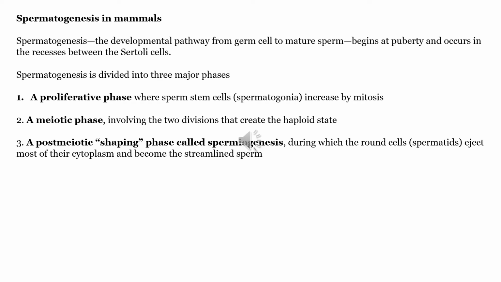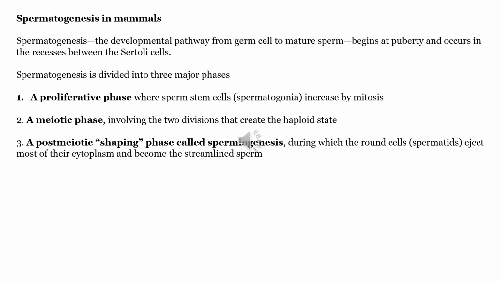Spermatogenesis can be divided into three major phases. First is the proliferative phase, where the sperm stem cells or spermatogonia increase in number by mitosis. The second phase is termed the meiotic phase, which involves two divisions that create a haploid state.